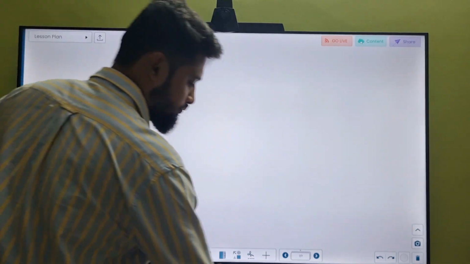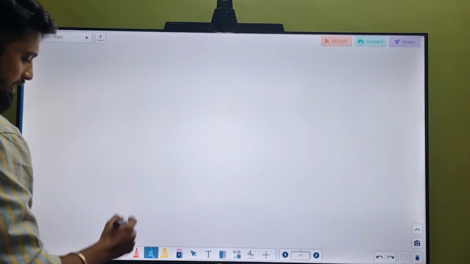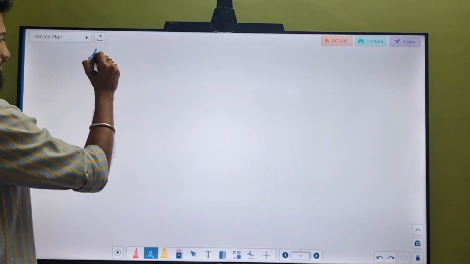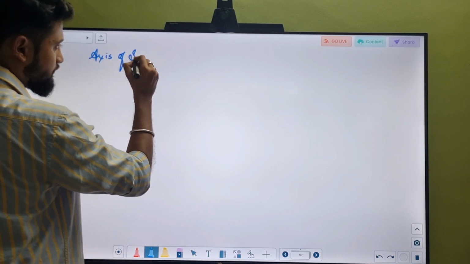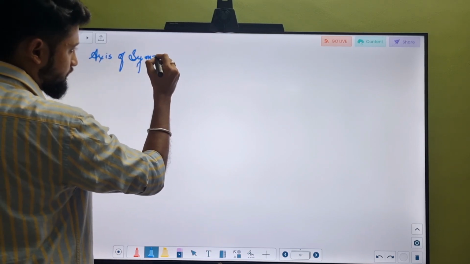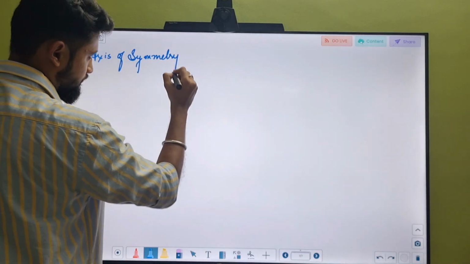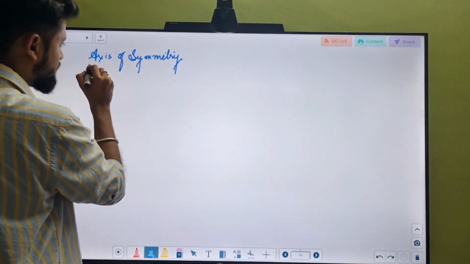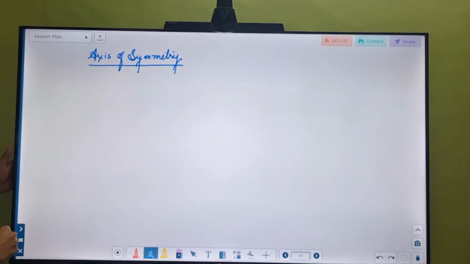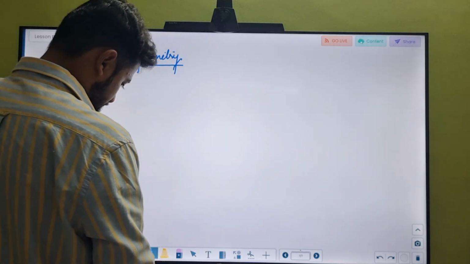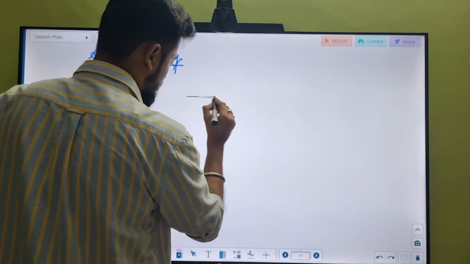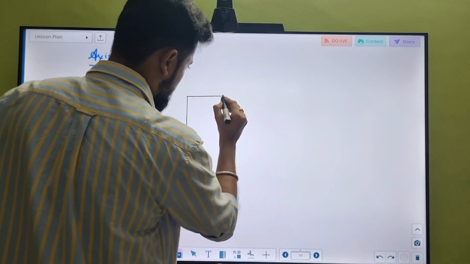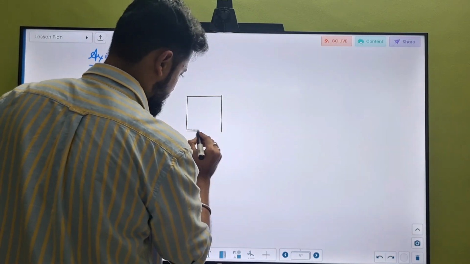Now next, moving on to the axis of symmetry. So in axis of symmetry, let us again consider a cube.